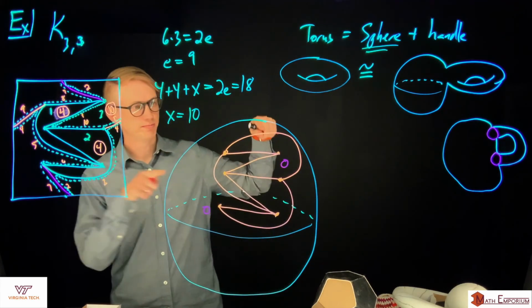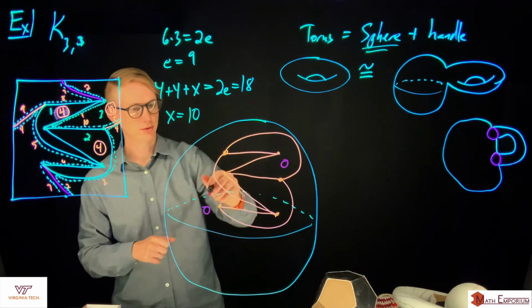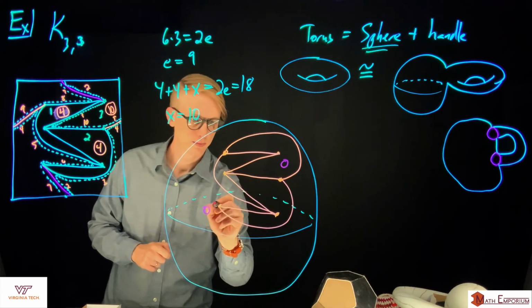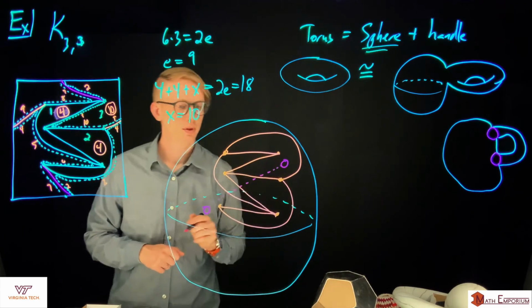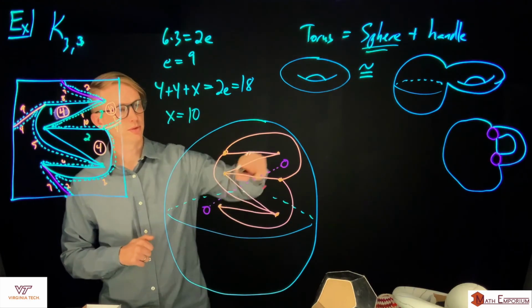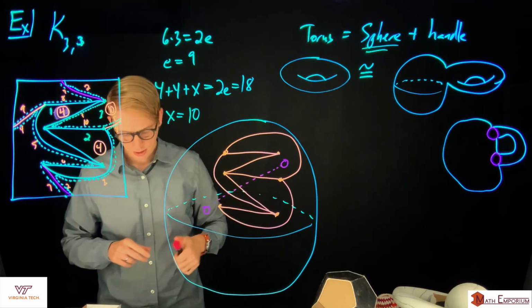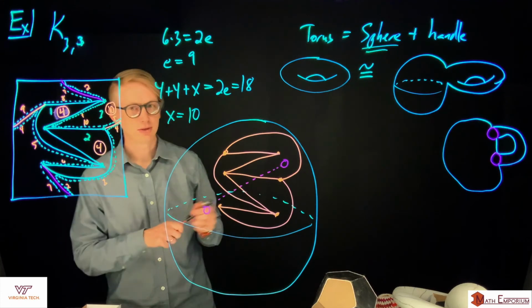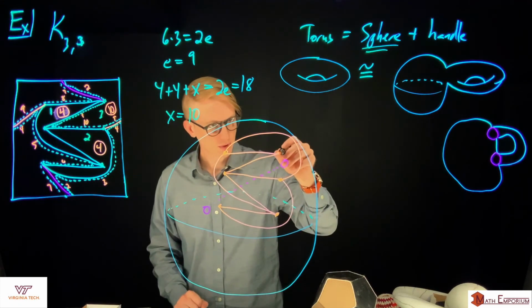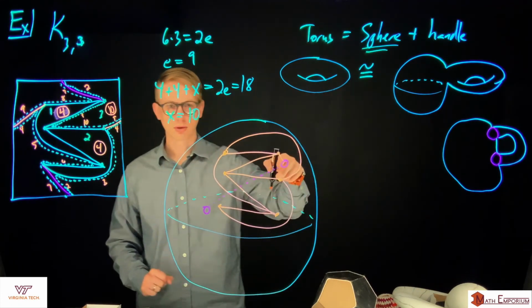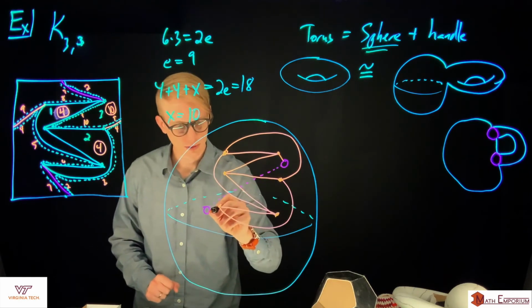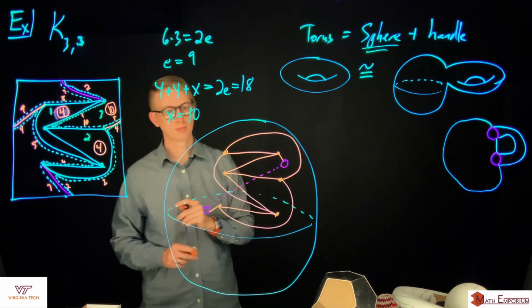Okay, so my handle's attached there and there. All right, so think about it. There's the handle attachment. Right, so there's now a handle attached. And what I can do is now I can say, okay, y'all, I'm going to jump on the handle, go across the handle, and come off the bottom there. Ta-da! You got it like that.